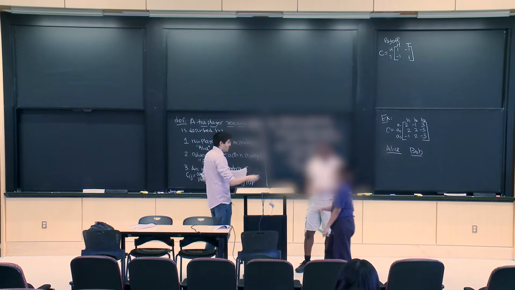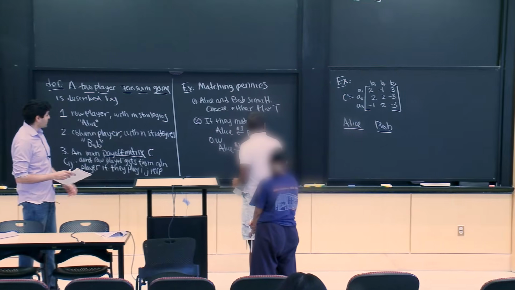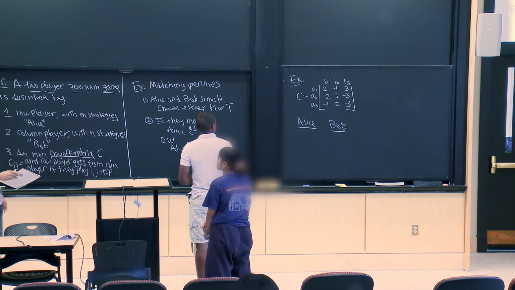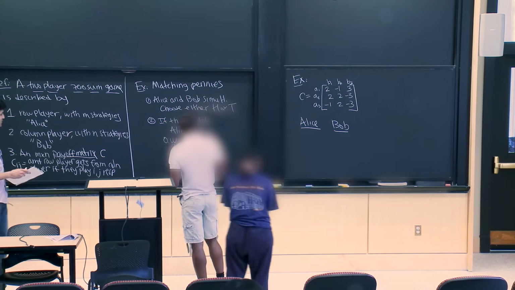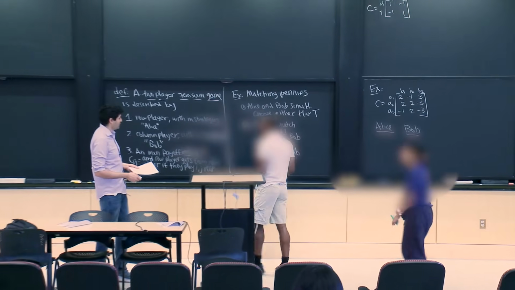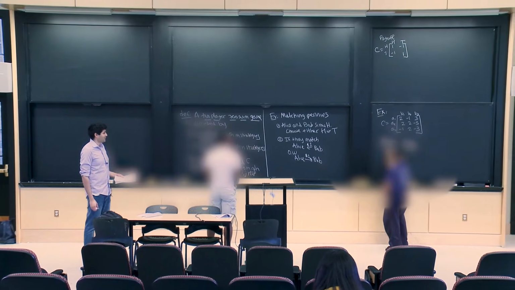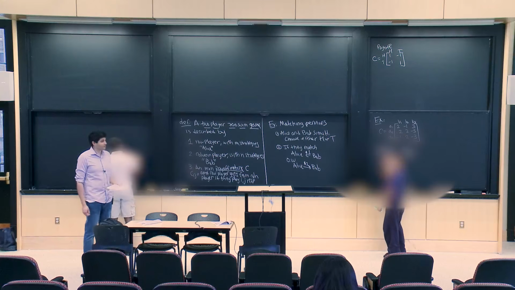Pick a spot on the board and figure out, based on the payoff matrix, what exactly you want to play. And we'll see how we do. You can ask the audience for help too if you want.